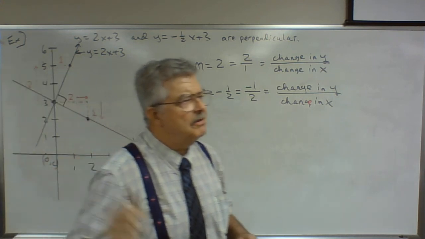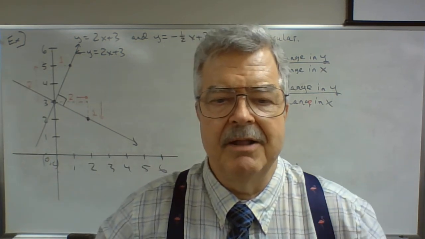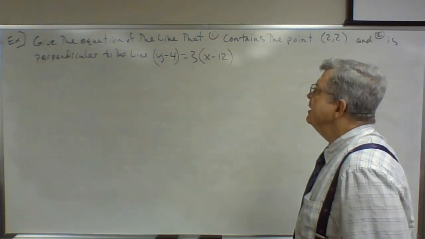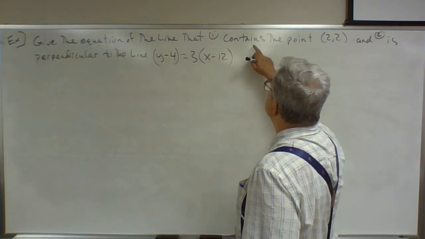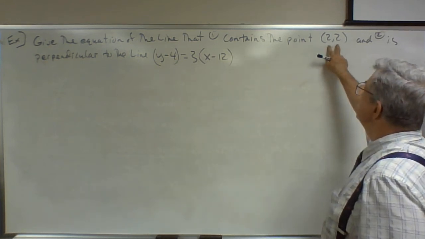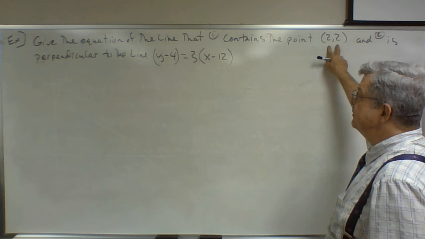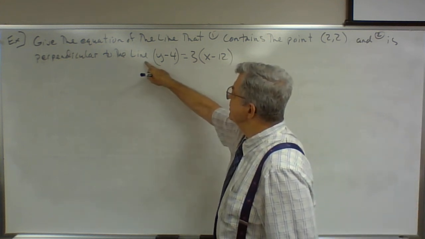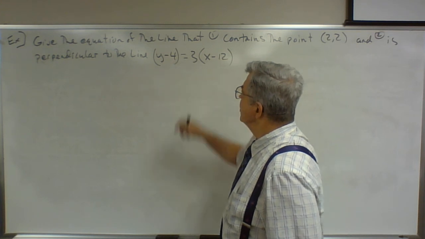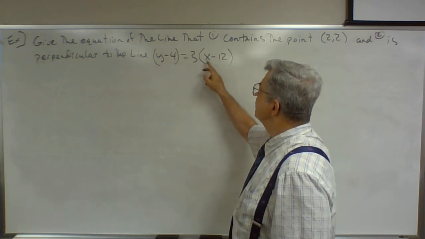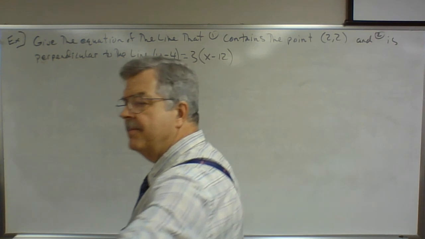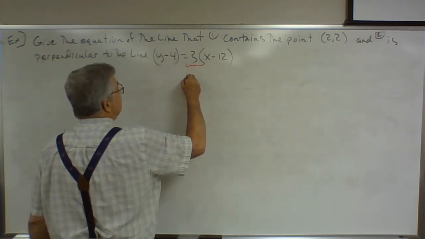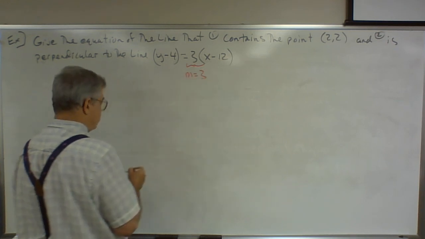Let's do one more example with perpendicular lines. New example. Give the equation of the line that, first of all, contains the point (2, 2). And second of all, is perpendicular to the line y minus 4 equals 3(x minus 12). Well, the slope of this line is 3.